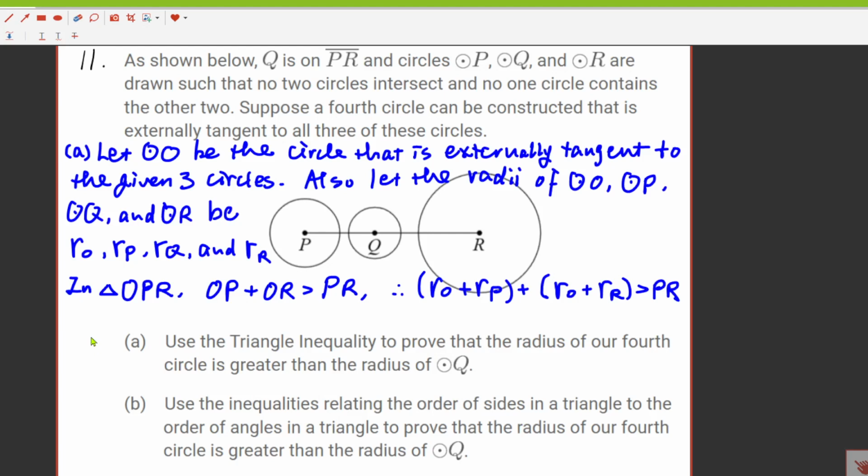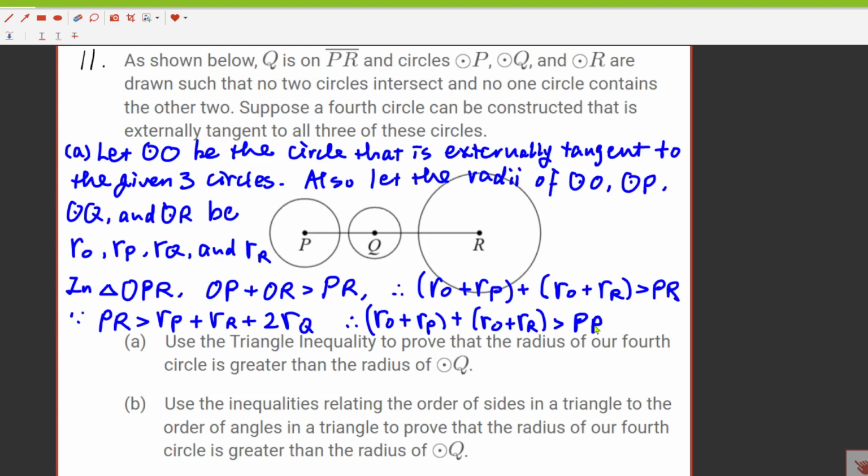Since our given circles do not intersect, we have PR must be greater than rP plus rR plus 2rQ, right? And therefore we have rO plus rP plus rO plus rR must be greater than PR, and PR is greater than rP plus rR plus 2rQ, right?